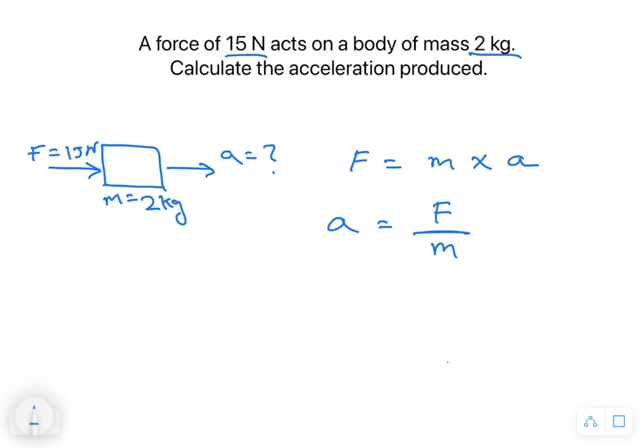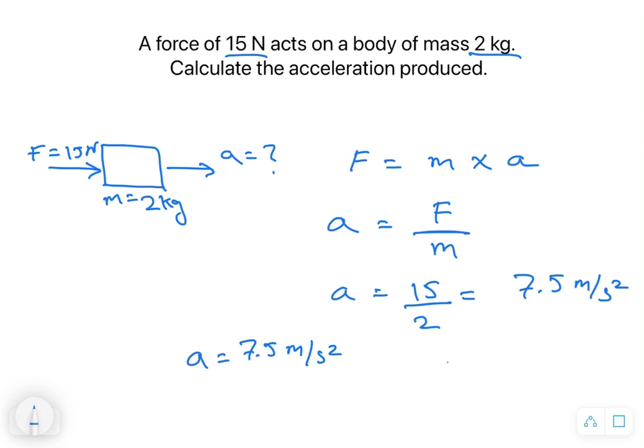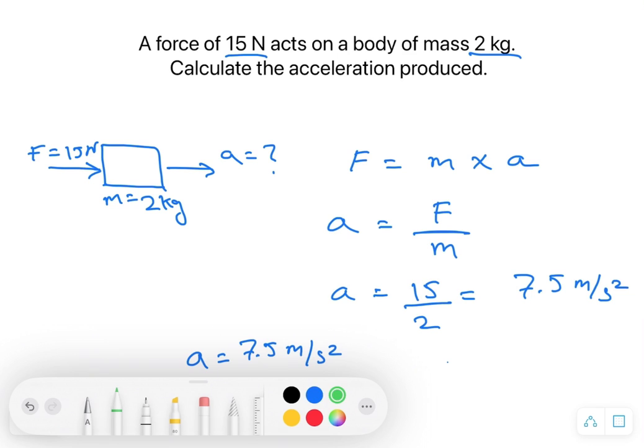So let us substitute these values. So A will be equal to 15 divided by 2. That will be equal to 7.5 meters per second square. So the acceleration produced because of the force is 7.5 meters per second square.